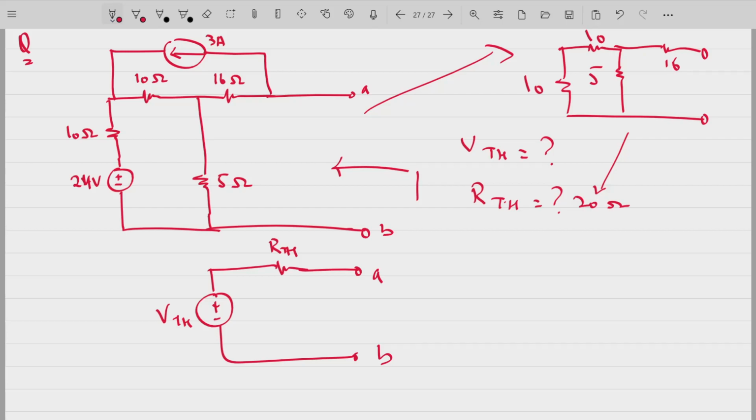Then find out the open circuit voltage VO, the Thevenin's voltage. Yes, VTH, how much are you getting VTH?